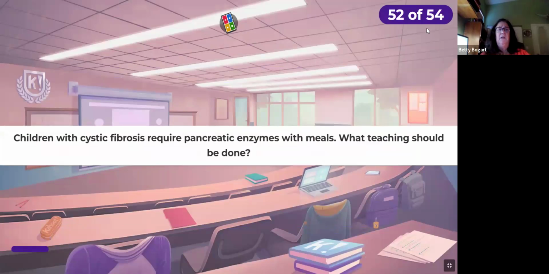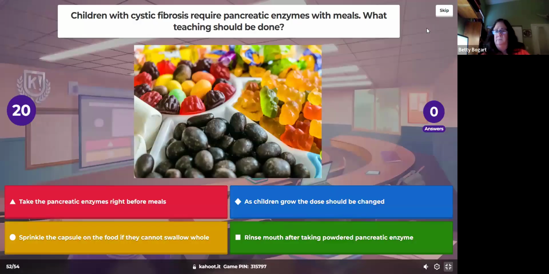Children with cystic fibrosis require pancreatic enzymes with meals. What teaching should be done? How do you give pancreatic enzymes? When do you give them? How do you give them? And are there any precautions?